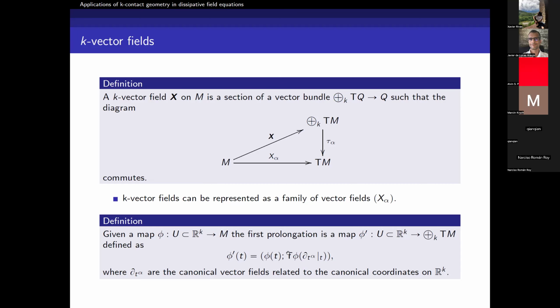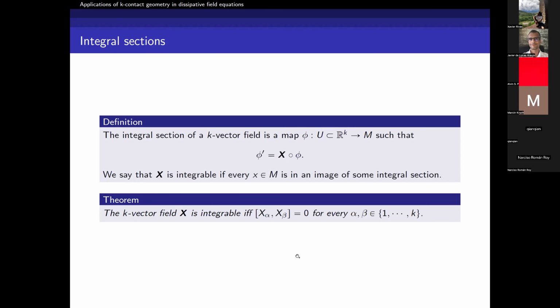Yes, we just use the tangent maps and use the canonical vector fields on Rk. So if we know what is a first prolongation, we may now define the integral sections.